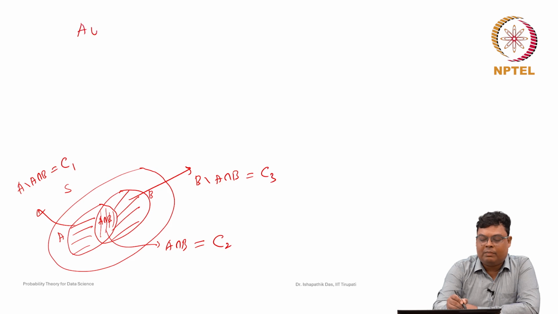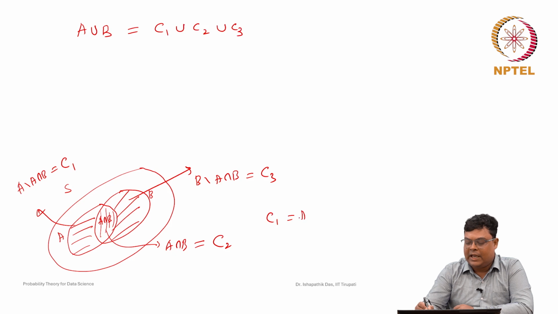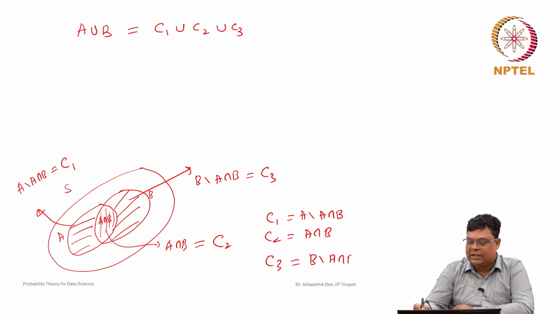So, A union B can be represented as C1 union C2 union C3, where C1 is A minus A intersection B, C2 is A intersection B, and C3 is B minus A intersection B.